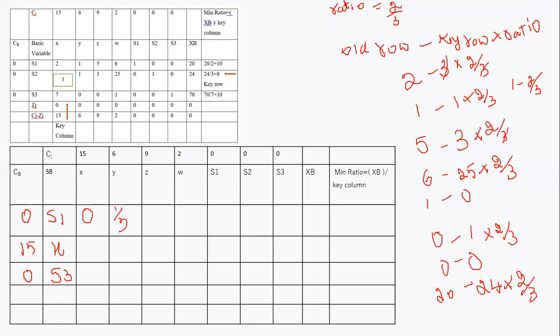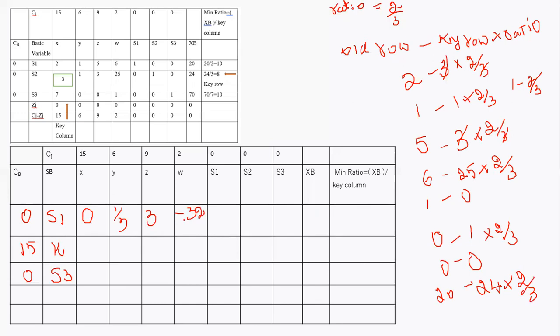Then here 3 will get cancelled. So 5 minus 2, we will be having 3. And then here again, you are supposed to take the LCM. So 6 into 3 minus 25 into 2, divided by 3. When you do that operation, you will be getting minus 32.